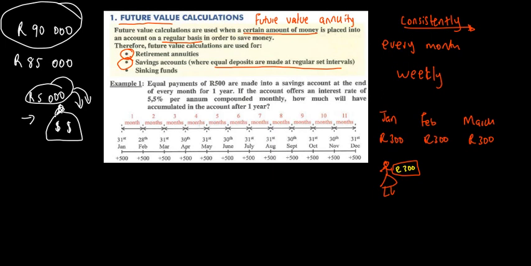You're depositing the same amount to the bank at regular intervals. And then sinking funds, which we discussed: you are saving up money so that you'll be able to afford to buy a new machine or new equipment to replace the one you are using now, which you're going to sell in future.